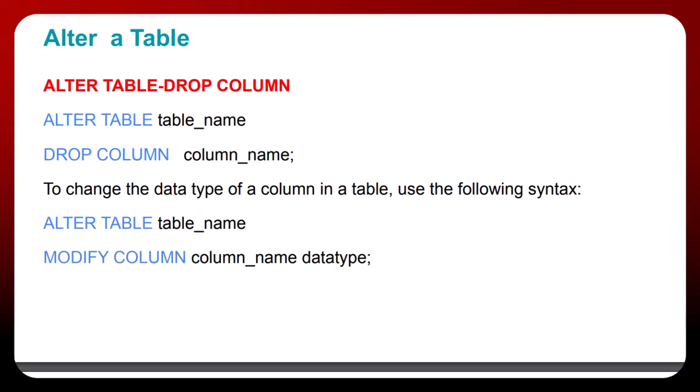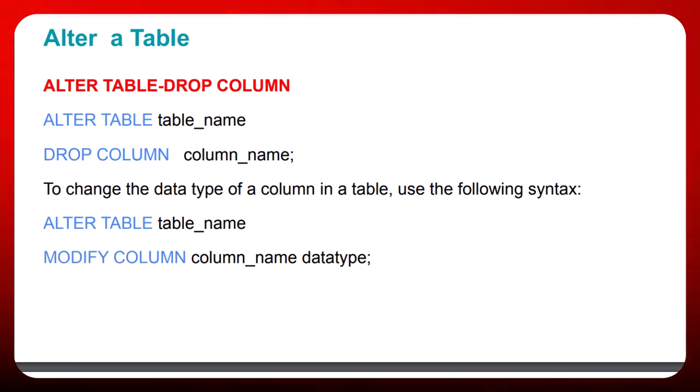It is going to be modify column, specify the name of the column, and after that the data type. And always remember the semicolon, okay? The semicolon is really important, you know, that is going to let the compiler know that this is what you want, and here the statement ends, okay?